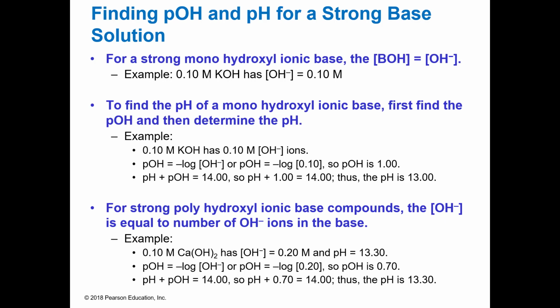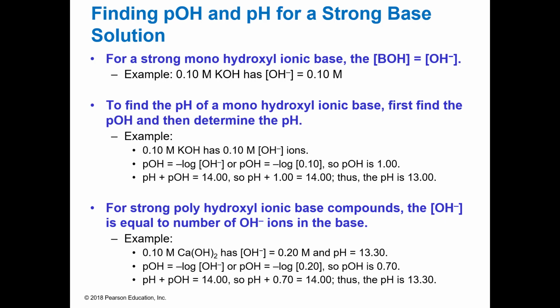If you have a strong monohydroxy base, just one OH, then the concentration of the OH at equilibrium is going to be the same as the original concentration of the base. All of this is just like the acid worked, okay?